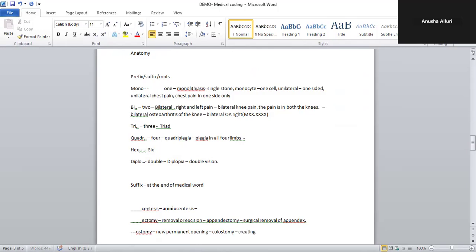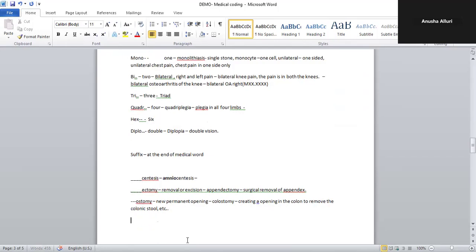Creating an opening in the colon to remove the colonic stool or something. Not exactly the definition; we have to check the definition. Colostomy means making an artificial opening.